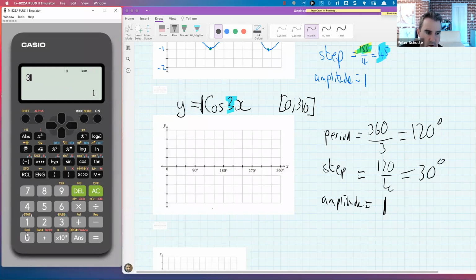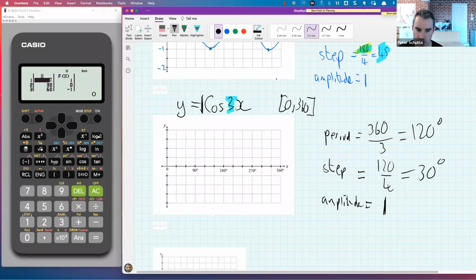Step size is 30. So let's put some dots in the game. So, well, let me put some of these on too. So 0, 1, then 30, 0, then 60, minus 1. I have to use my down arrow to help me.